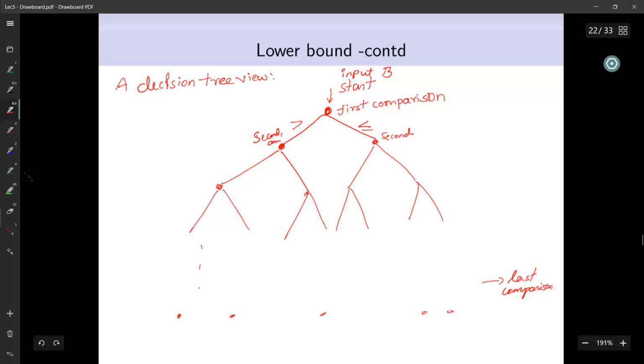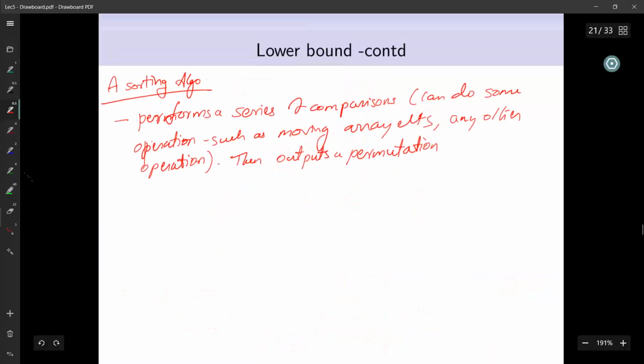These are the outputs. What is an output? Output is a permutation. Just to be precise, let's denote by Sn the set of all permutations.